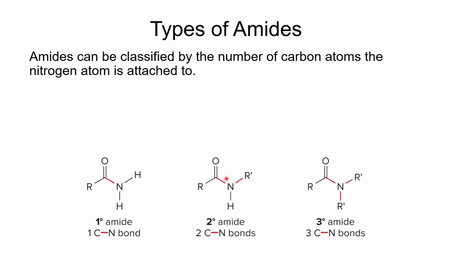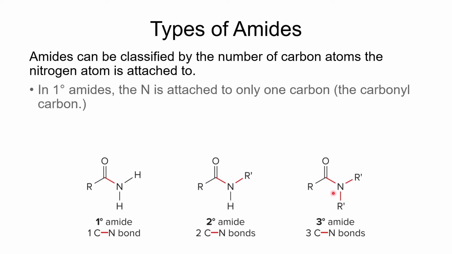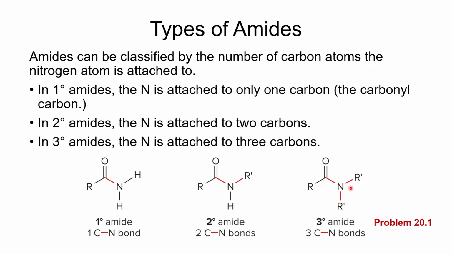A secondary amide is going to have that carbonyl carbon and 1 alkyl group attached to the nitrogen. And then our tertiary amide is going to have the carbonyl carbon and then 2 alkyl groups attached to the nitrogen. So we want to be able to identify those relatively easily.